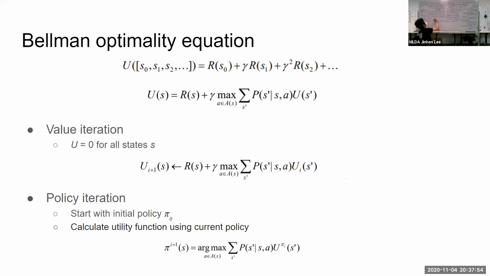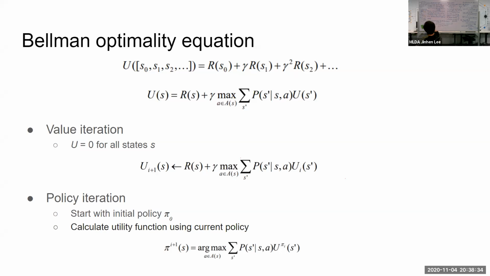So 0.8 times this U1 of 22, plus, if it goes up, it might have a 0.1 probability of going left or right. So again, 0.1 times the utility of what if it goes left, which is cell 21, plus 0.1 times U1 of 23.